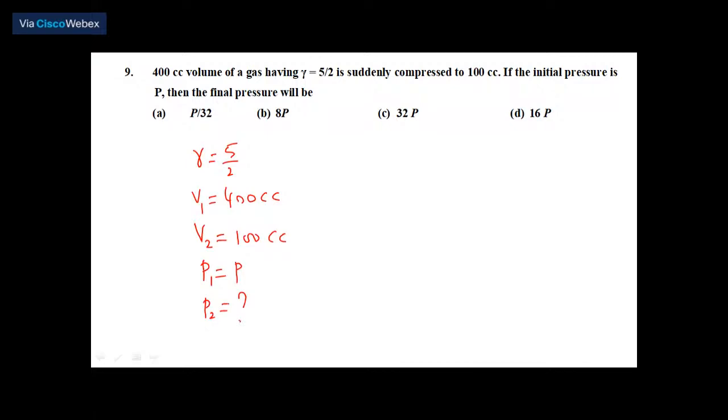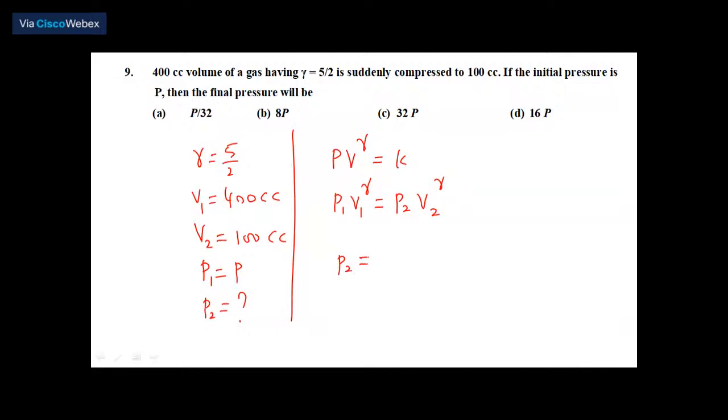Since it is an adiabatic process, we have PV to the power gamma is equal to a constant, or P1 V1 to the power gamma is equal to P2 V2 to the power gamma. Now let us express the formula in terms of P2, since we are supposed to find the new pressure P2.